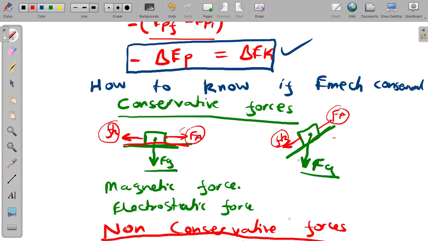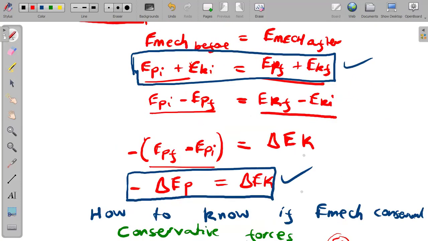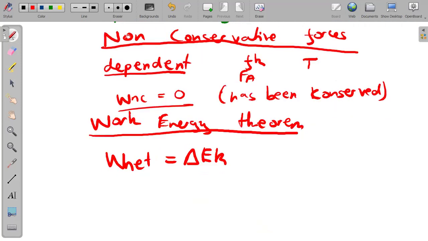Remember, change in general is final minus initial. We have already witnessed that the change in kinetic energy is EKf minus EKi. So the work energy theorem is saying that the net work done on an object is equal to the object's change in kinetic energy.